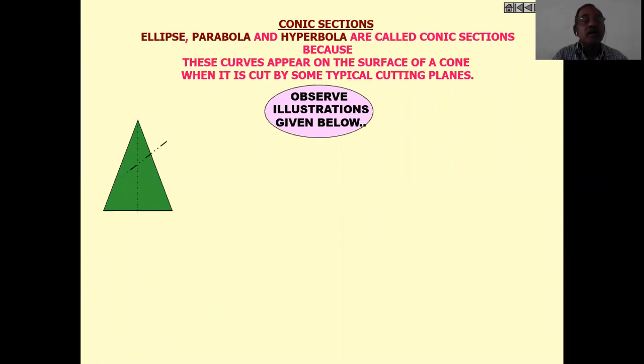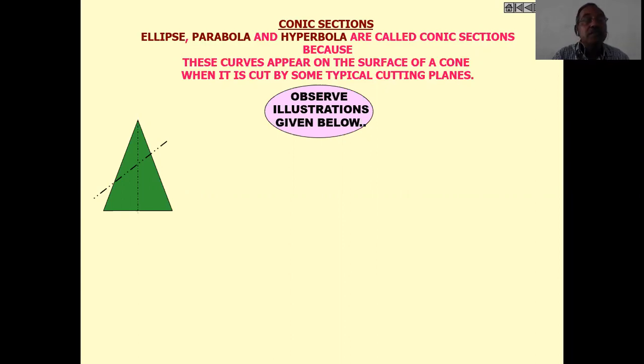That is the cone, and it is cut like this. That is, the section plane is making a certain inclination with the ground, or with the axis, or with the base, right?